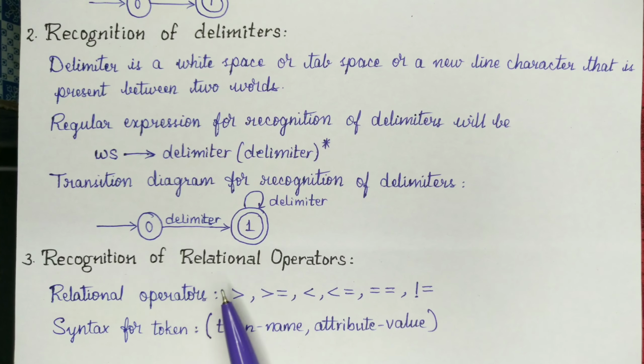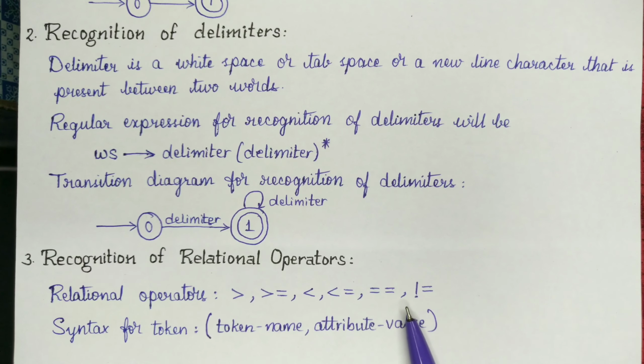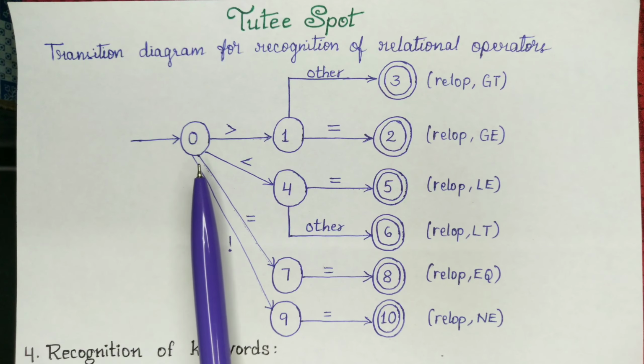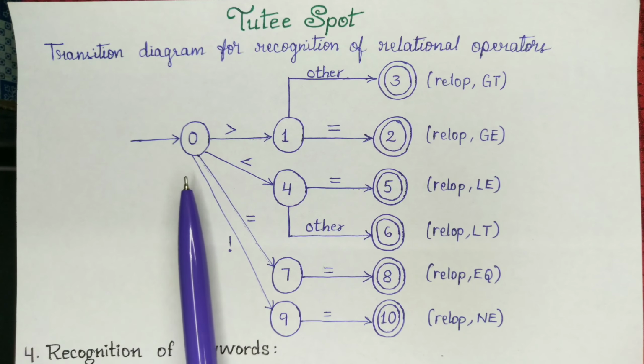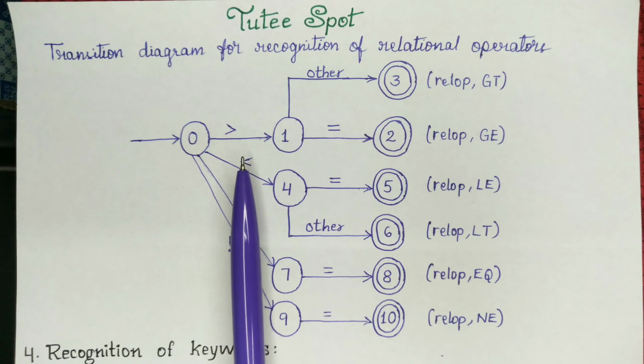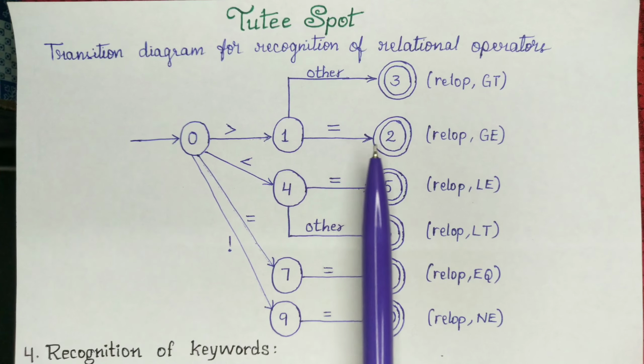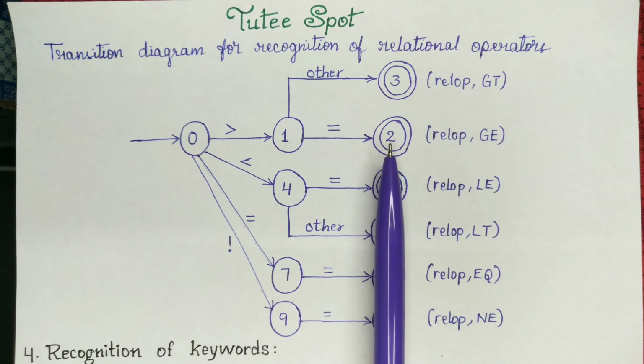And the third is recognition of relational operators. Greater than or equal to, less than or equal to, double equal to, or not equal to come under relational operators. So let's start the transition diagram where 0 is the starting state or initial state. First apply greater than on state 0 and it denotes state 1. Then apply equal to on state 1 and it produces the final state 2.